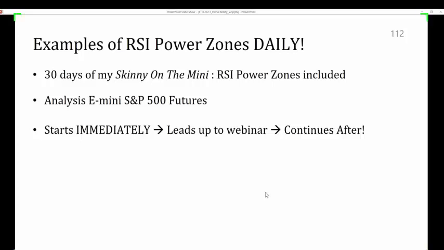Then you are going to get these examples leading right up to the webinar and then continue after. I designed it this way on purpose, because July 7th is a very important cycle date in the markets, and I want to see that hash out so that you have examples going into it, and then we can revisit all these markets after that.